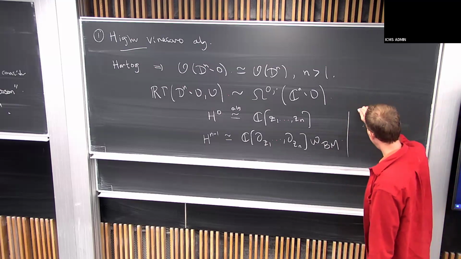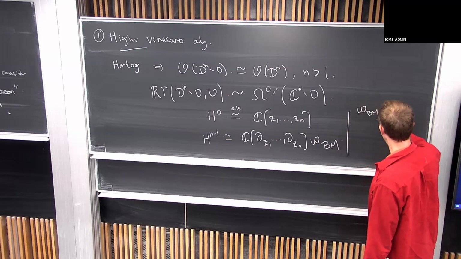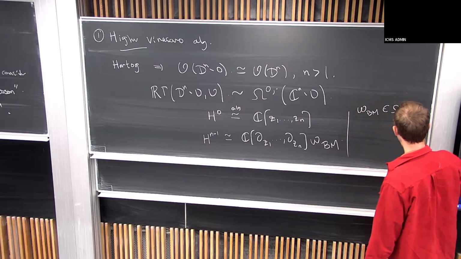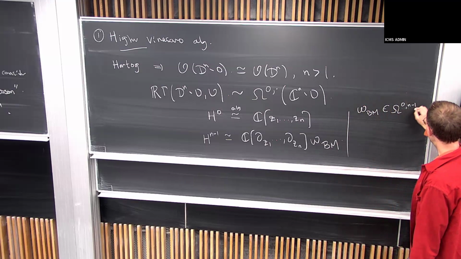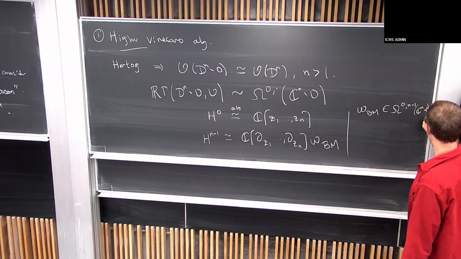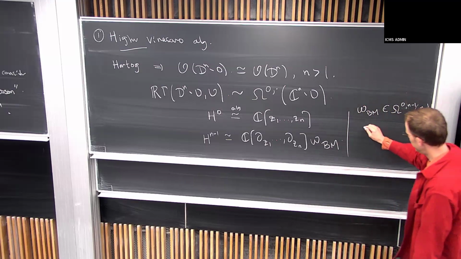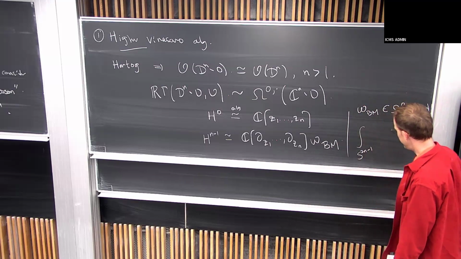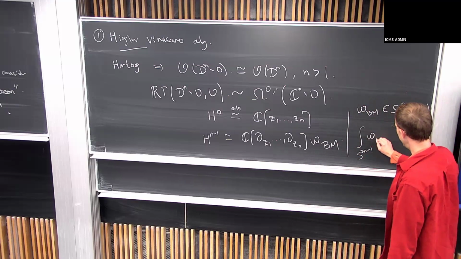It satisfies the following properties. Here, this is a 0, n-1 form on the punctured plane, say. And it satisfies the property that for any 2n-1 sphere, I can contemplate this integral.